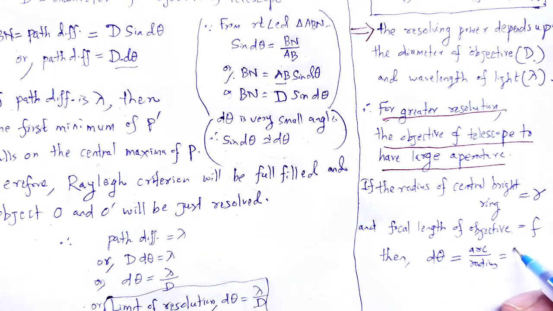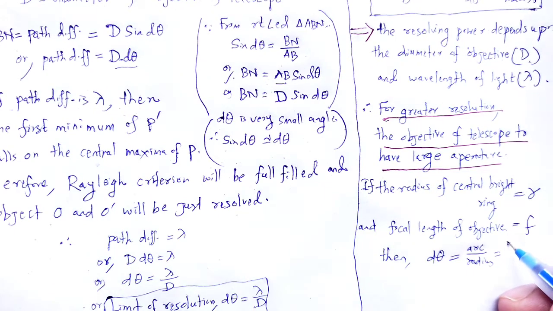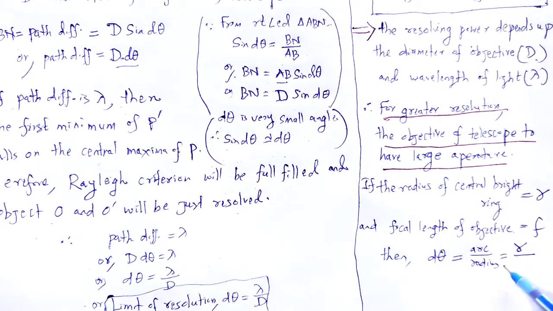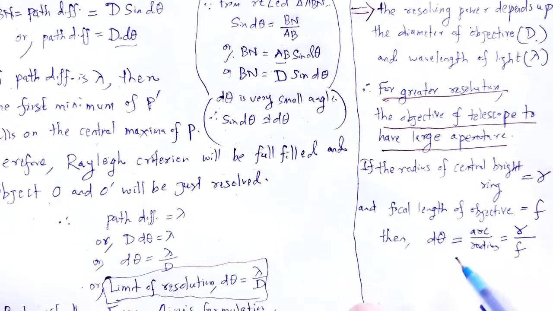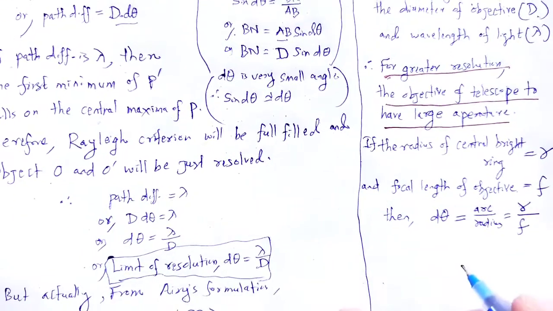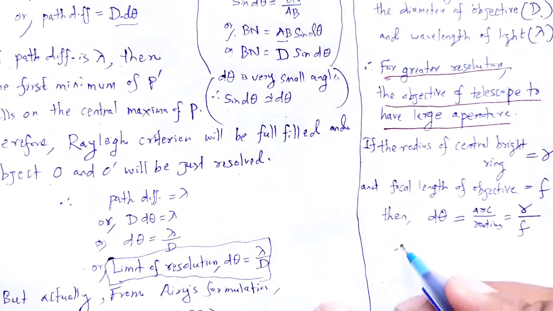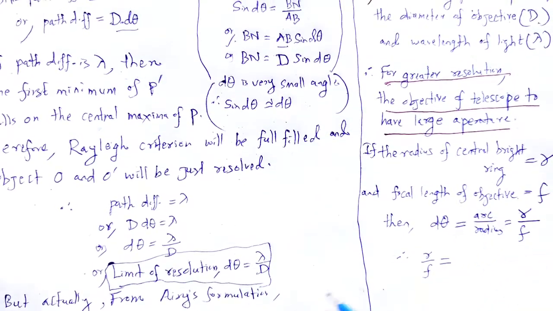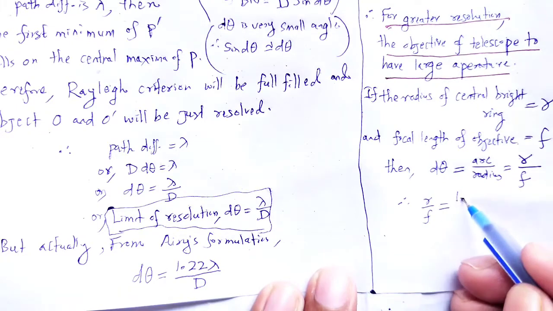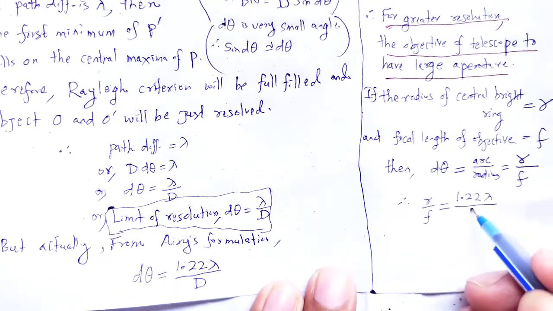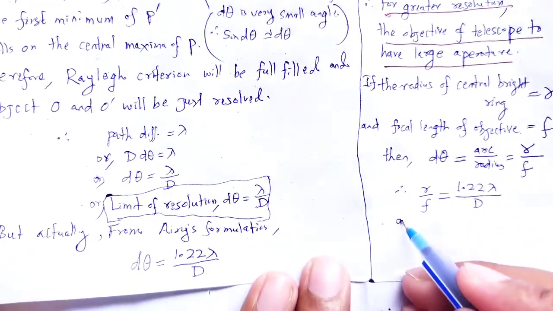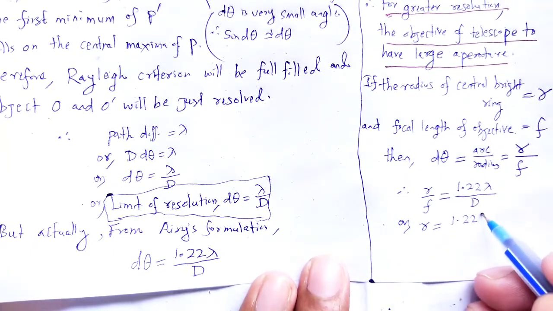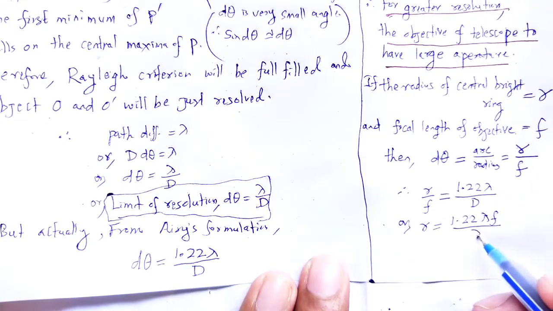Arc is equal to r, radius is equal to focal length f, so d theta is equal to r by f. Therefore r by f is equal to 1.22 lambda divided by D, the value of d theta put here, or r is equal to 1.22 lambda f divided by D.